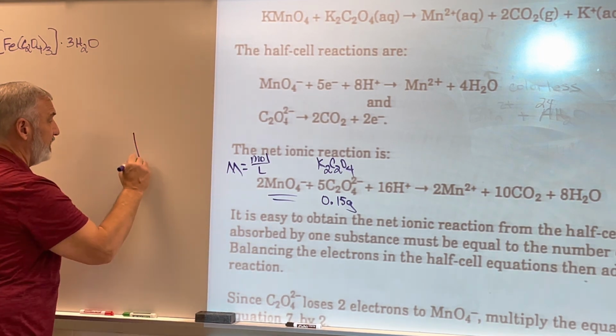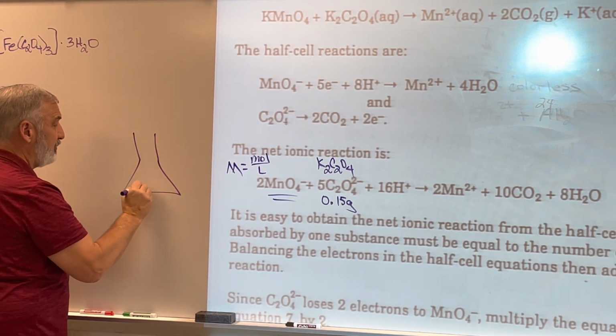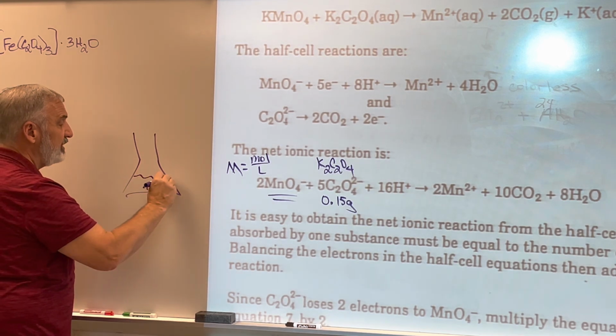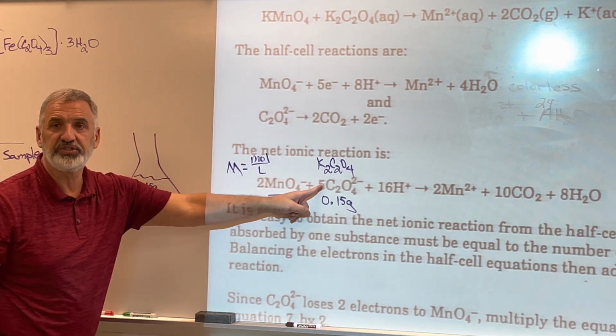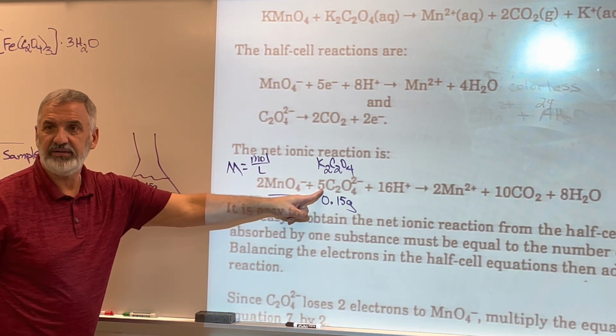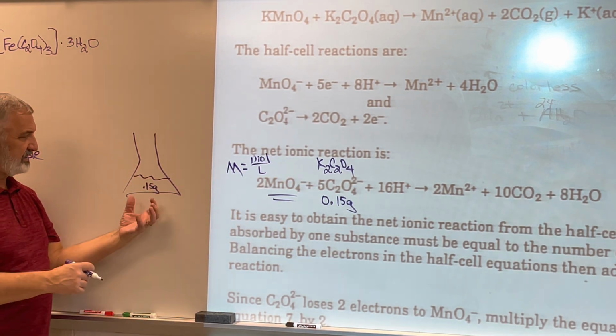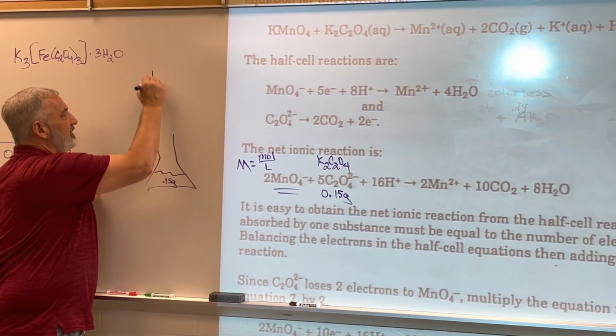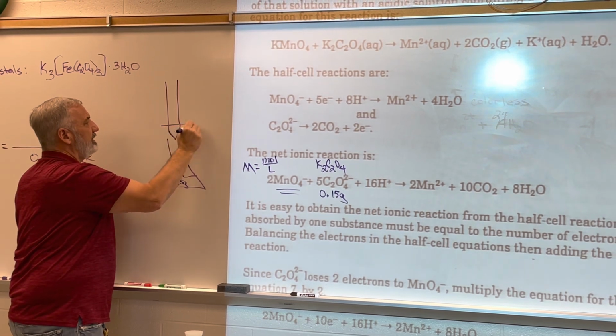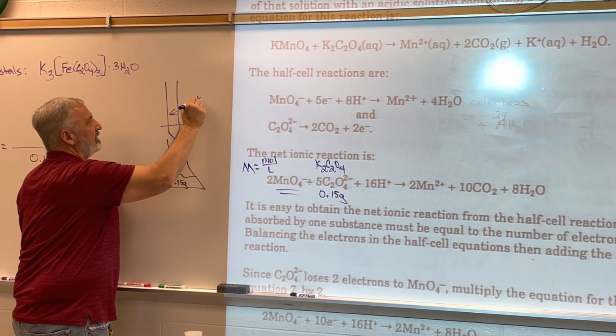So I would have had my flask, I would have had my 0.15 grams. Again, it wouldn't matter how much acid I added because that's not going to change how many moles of this I have. Okay, it's just going to dilute it and dissociate the ions and all that. Okay, so then I titrate in my KMnO4.